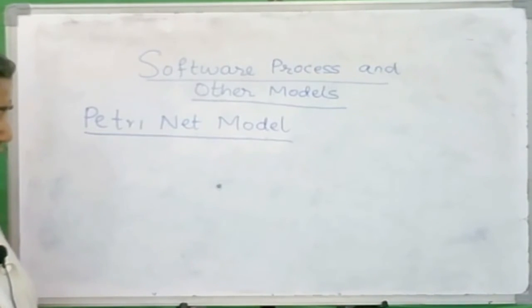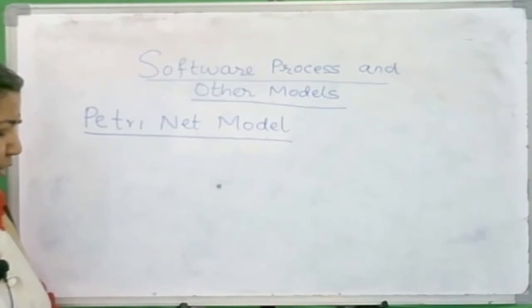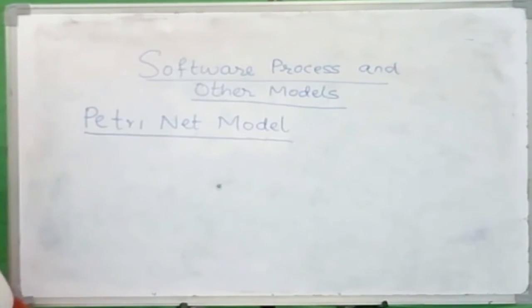The basic Petri net model consists of condition nodes, arcs, event nodes, and tokens. If the input condition nodes for an event node all have tokens, the event can fire.